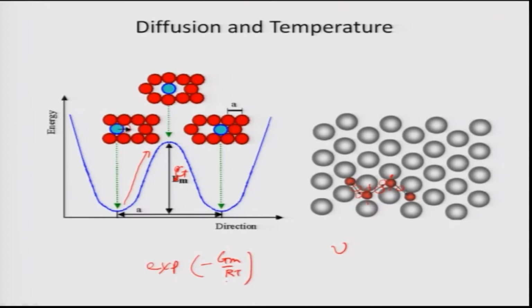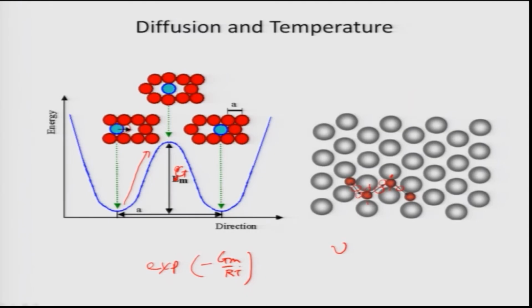because that is obviously an exponential term, and it will be Gm by RT, because R is for 1 mole and K is for a single atom. So Gm by RT or Gm by KT is nothing but the energy available to the atom to cross the barrier. RT is the thermal energy and Gm is the barrier height. Therefore, the fraction of that energy is the probability that the atom will cross over this barrier.